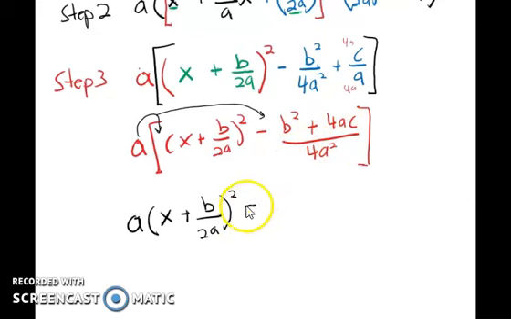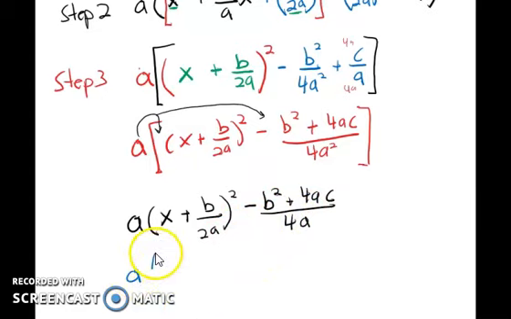So here you'll have minus b squared plus 4ac over 4a, not a squared, it's just a. So this can be simplified as this: a, x plus p, squared, plus q.